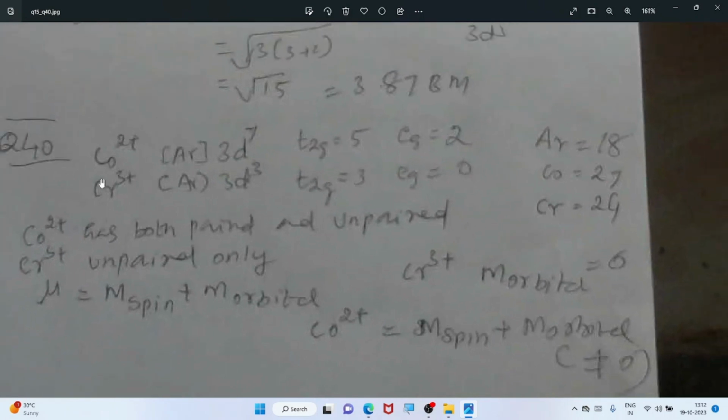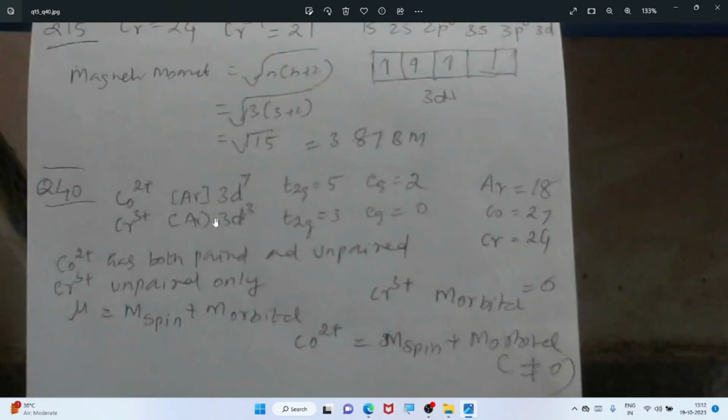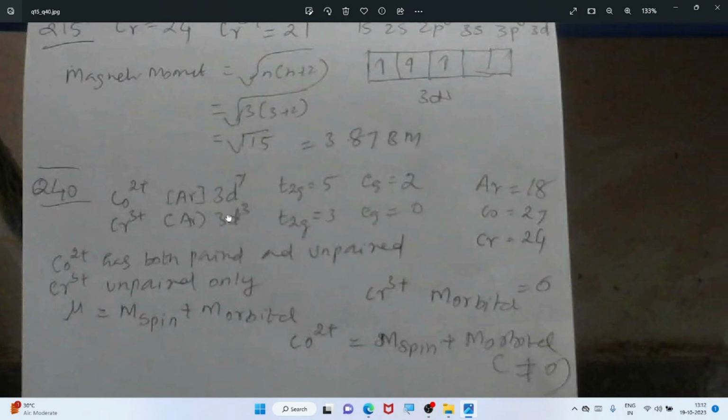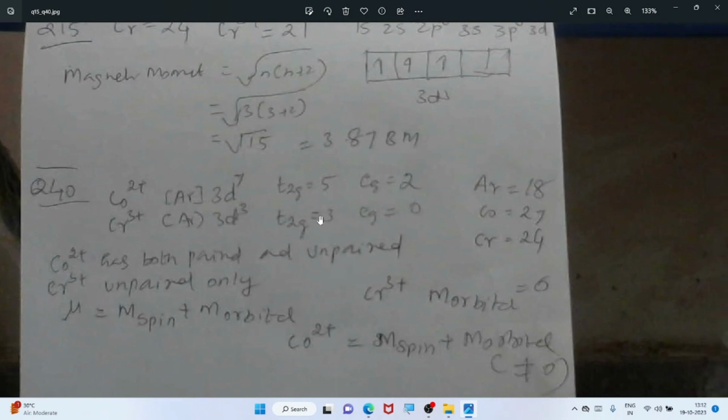In Cr3+, there is no orbital contribution. It has only spin-only contribution, but this has orbital as well as spin contribution.